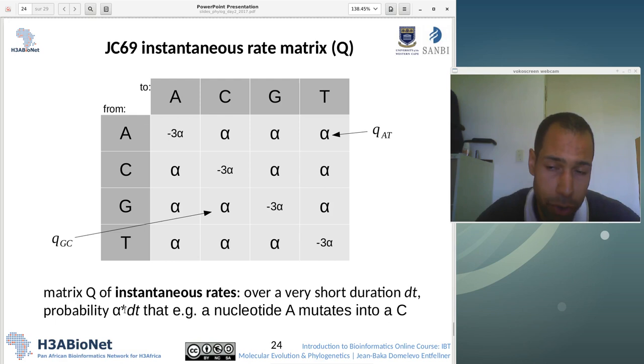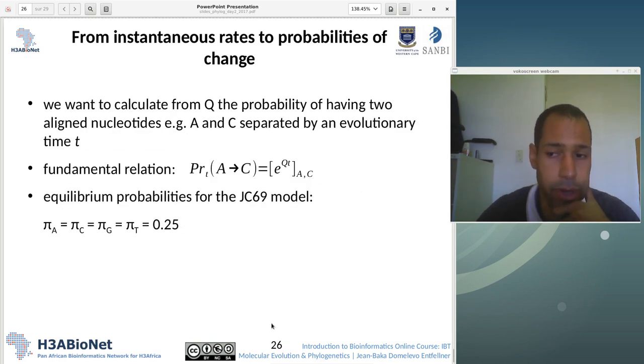So it's very different when you observe a long amount of time. During a long amount of time, you may have several mutations at the same site for the same nucleotide, okay? So we have to find out how to calculate the probabilities that, starting with an A, for instance, at a certain time 0, after a time t, I have a C. That's a very different thing.